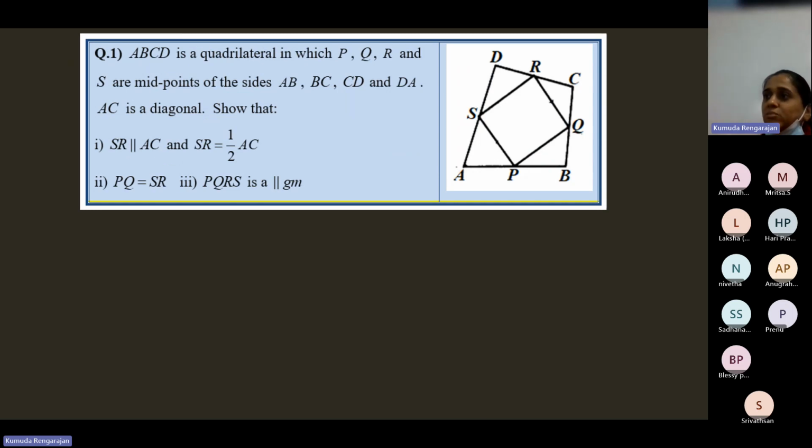In exercise 8.2, we have proved ABCD is a quadrilateral, and PQRS are the midpoints of the sides. We have proved that PQRS is a parallelogram. So if you join the midpoints, the quadrilateral formed is a parallelogram.